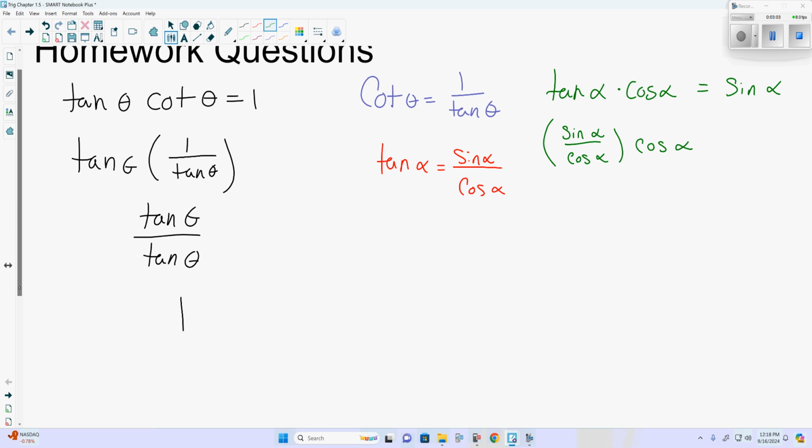Now we multiply by a function; cosine multiplied by a fraction is going to multiply with the top. So it's going to tell us we have sine of alpha times cosine of alpha over cosine of alpha. Part of what we're saying is we have cosine divided by cosine, which simplifies out, leaving us with sine of alpha.